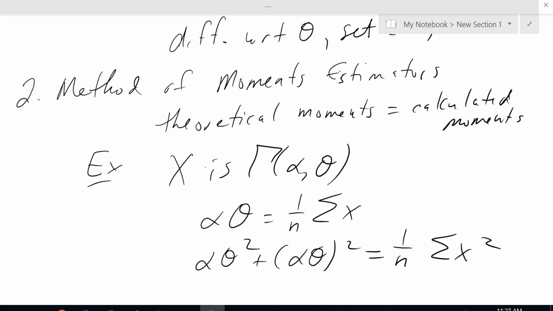Does that make sense? You wouldn't have to do two equations with two unknowns because I know one of them. So in this case, if you knew either alpha or theta, the other one would just be the sample mean divided by that parameter that you know.